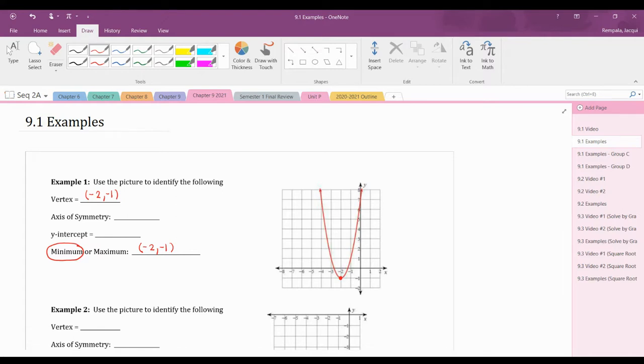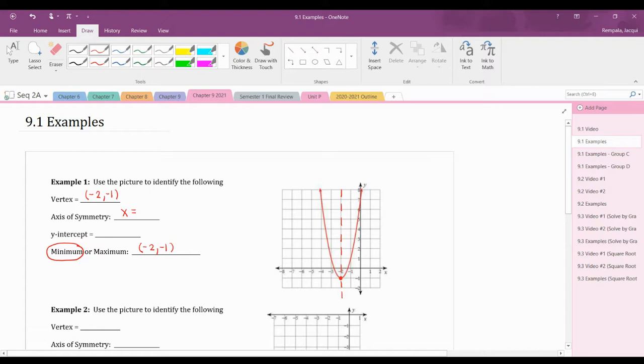it. If we know where the vertex is located, the axis of symmetry is always going to be a vertical line going through that ordered pair. So notice that it would have to go through the vertex right here. So it would look like this. An axis of symmetry will always be in the equation x equals a number.